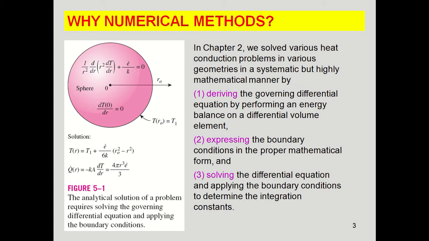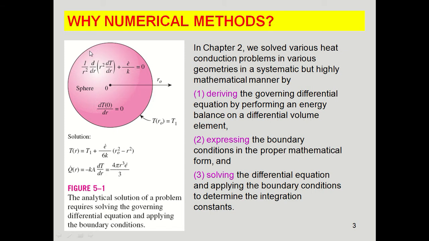So for that, we have given an example of a sphere here. To find the heat transfer through a sphere, we will use the generalized heat conduction equation in the spherical coordinate system. You will see the heat transfer is only in one direction, the radial direction.